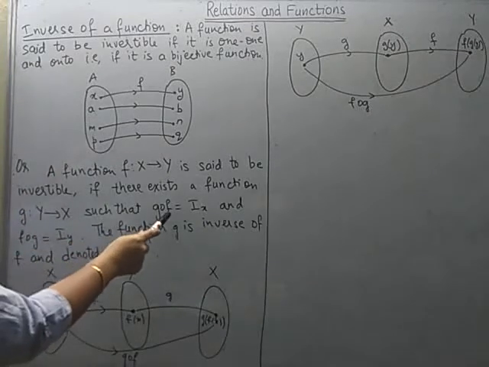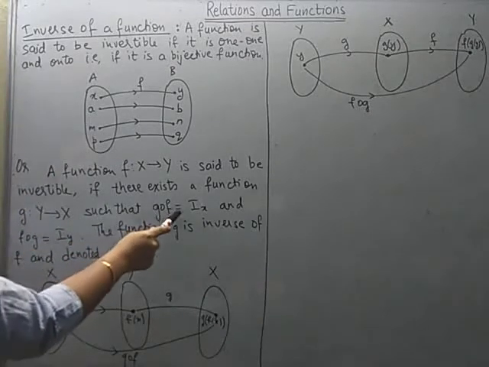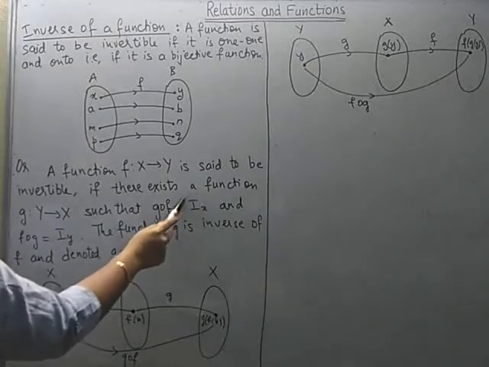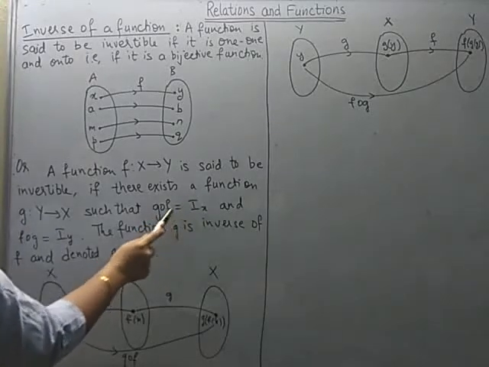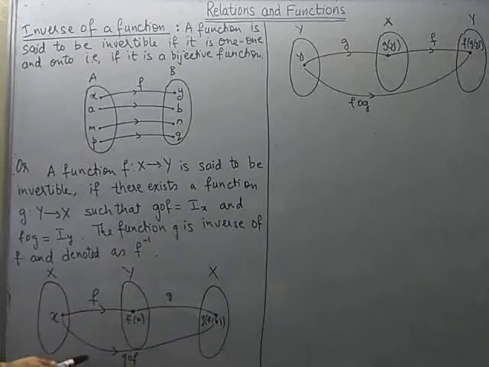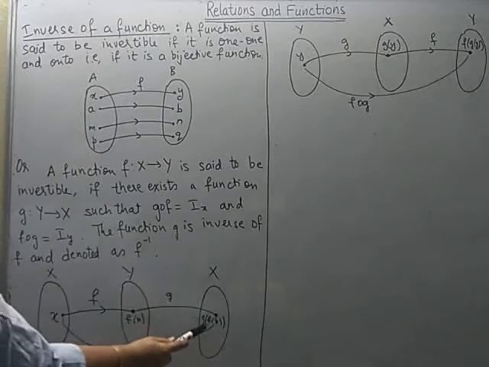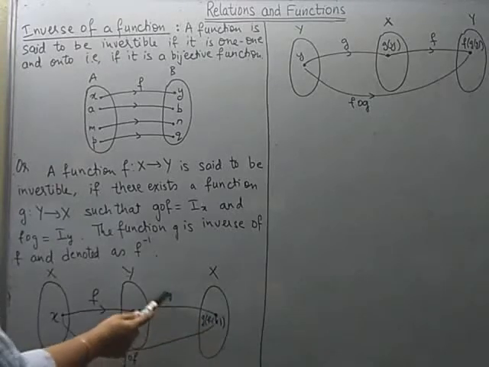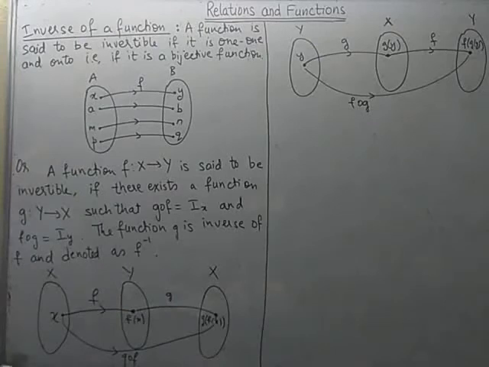Now the condition is composition of f and g is equal to I_X. This is the notation for the elements of the domain of f. Look at this figure. This is composition of f and g. So the image of x is f(x) under the function f and the image of f(x) is g(f(x)) under the function g. So what do we find? When we define composition of f and g, it is a function from X to X. These two sets are the same.